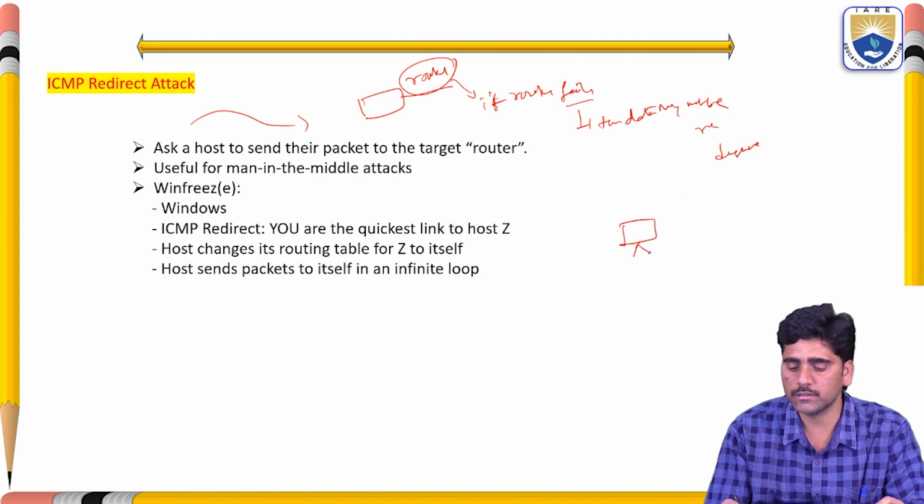Suppose this is the source host and this is the destination host, and in between them one router is there, R1. So the redirection of the data transmission from the source to the destination depends upon the router.